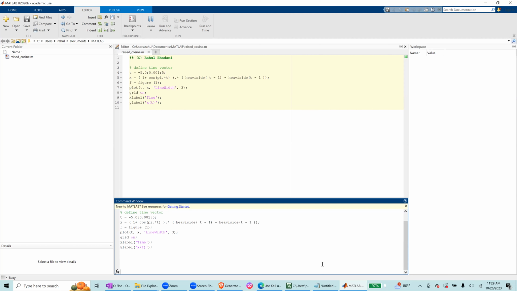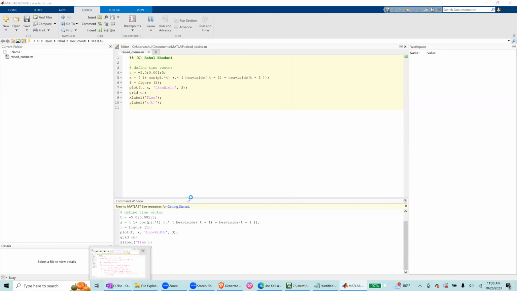I'll let it run. Maybe my system is overloading, but in the meantime I can show you that we have this one node.